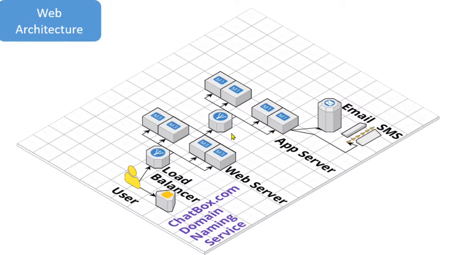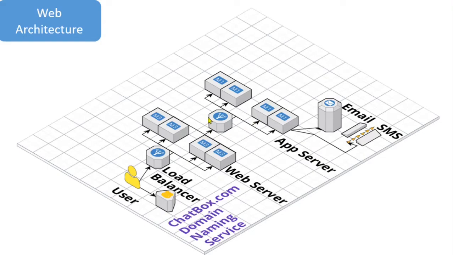Before we go further, let's take a look here. We have four web servers and four app servers. We can connect one web server directly to one app server. Yes, we can do that, but there is a problem.